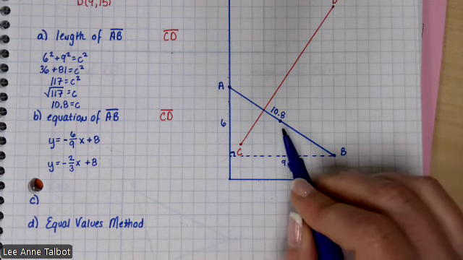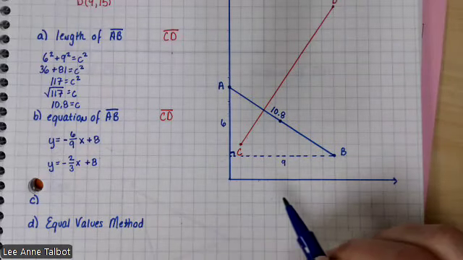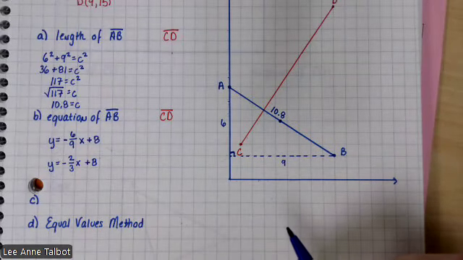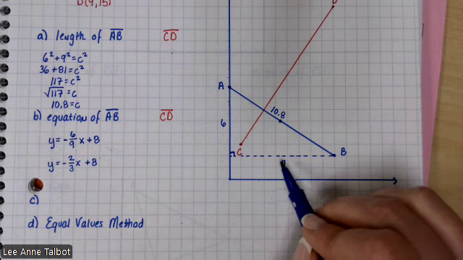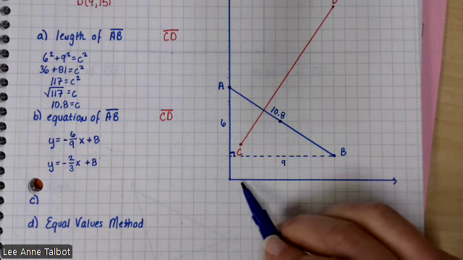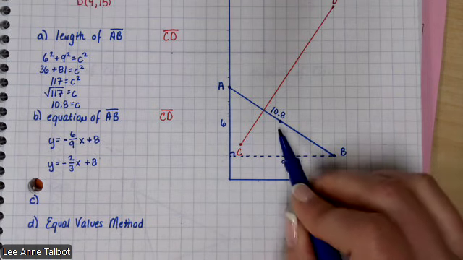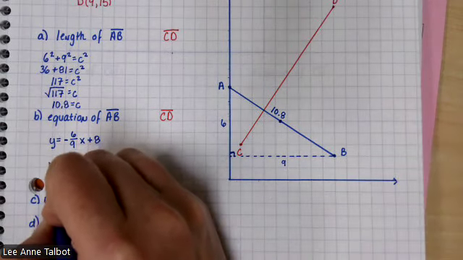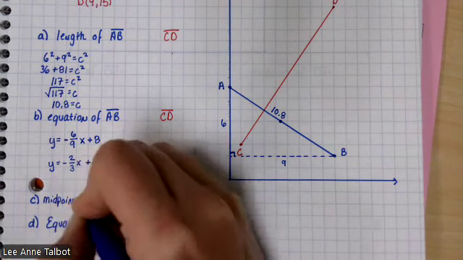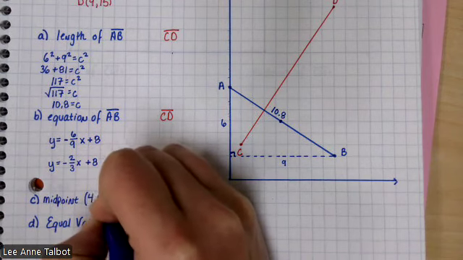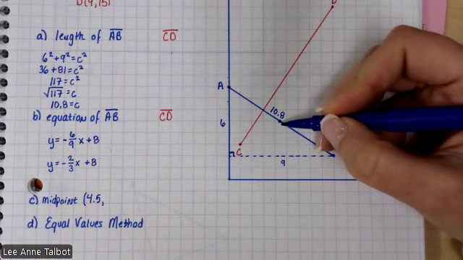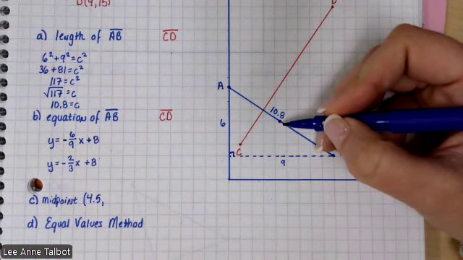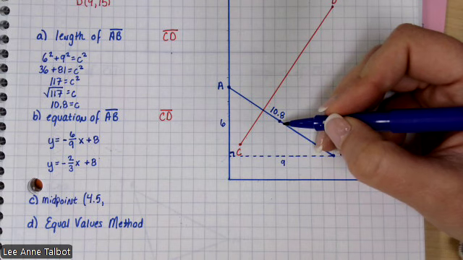And what is the coordinate here? One, two, three, 4.5 over, right? So 4.5. And how far up is it? 5.